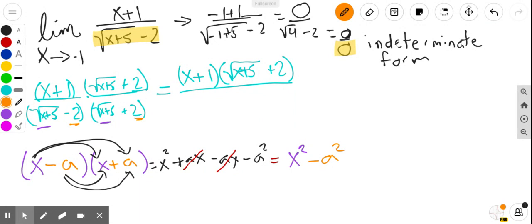So if you understood how I did that, now we're going to do the exact same thing with the original problem. That means the first thing I underlined, the purple parts, means I have the square root of x plus 5, that's eventually going to get squared, minus the 2 squared.